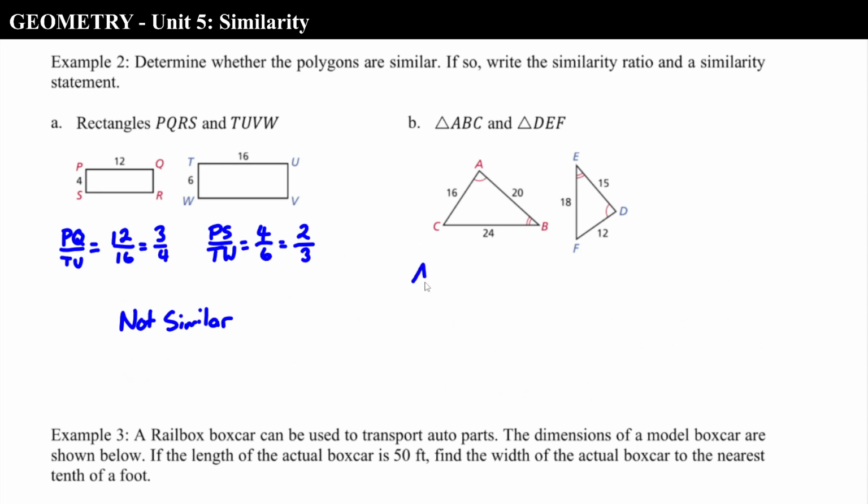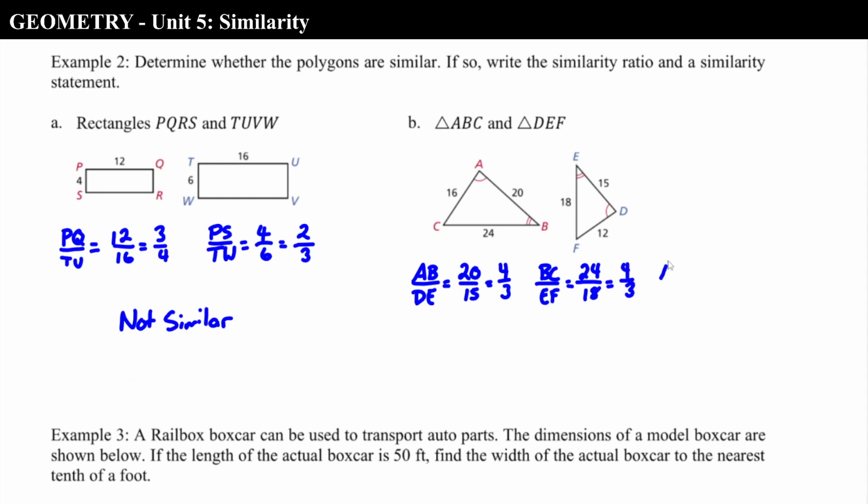So we'll start with AB, and we're going to compare that to DE. That gives us 20 over 15, which is 4/3. Now if we do BC over EF, that gives us 24 over 18, and that is also 4/3 when you reduce it.